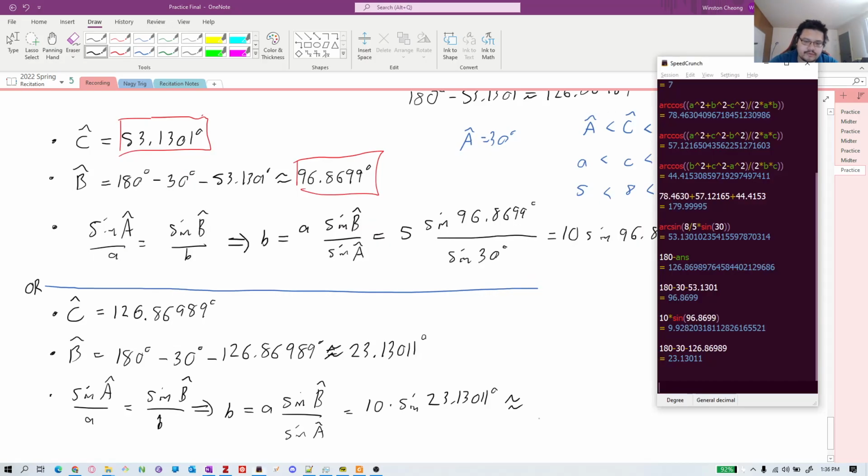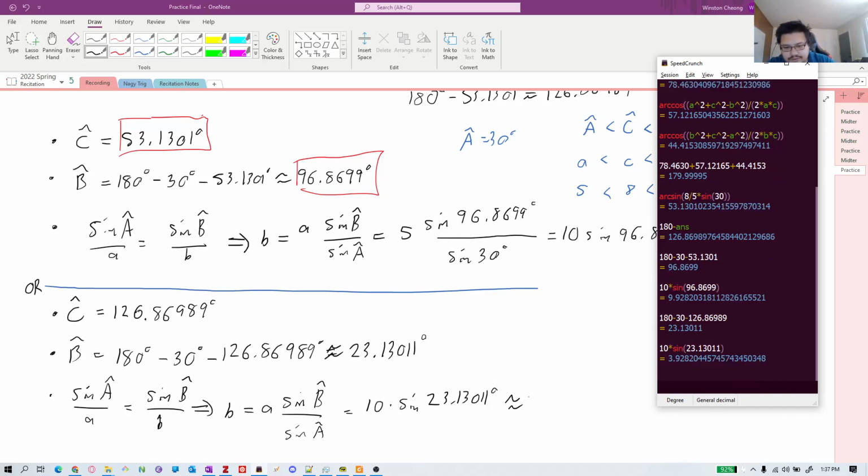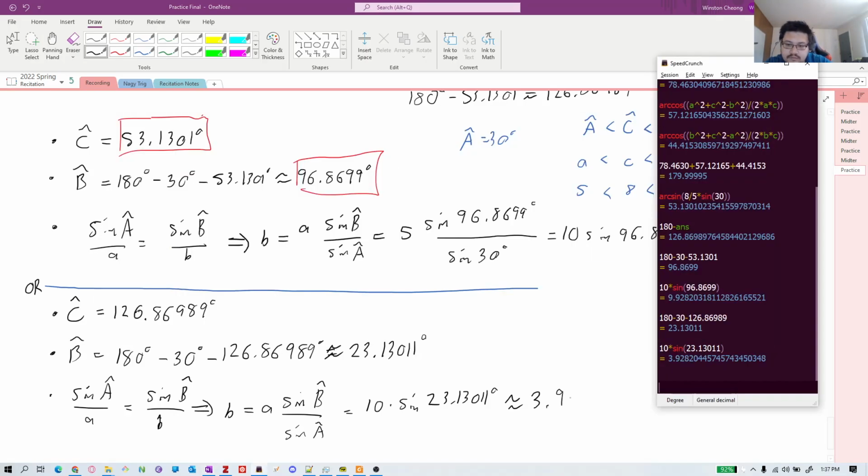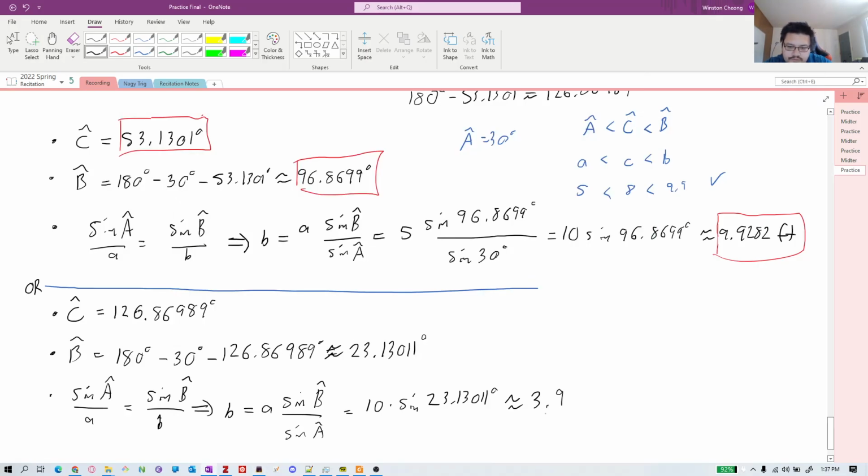And then we plug in 10 times sine of 23.13011, which is 3.9282. And that's probably good enough. And this is, again, measuring distance, and in this problem, it's in terms of feet.